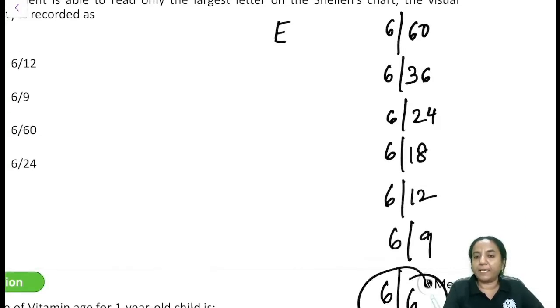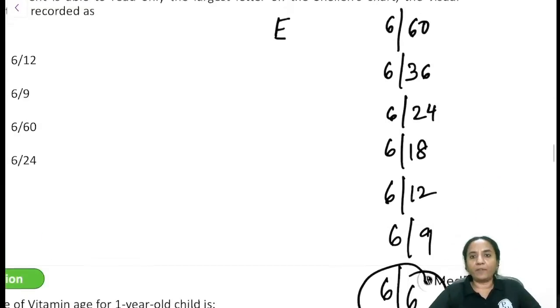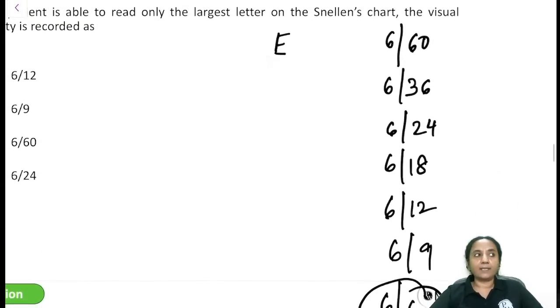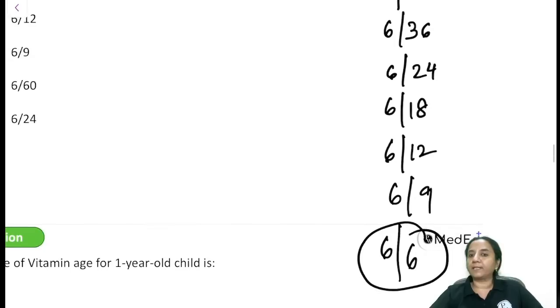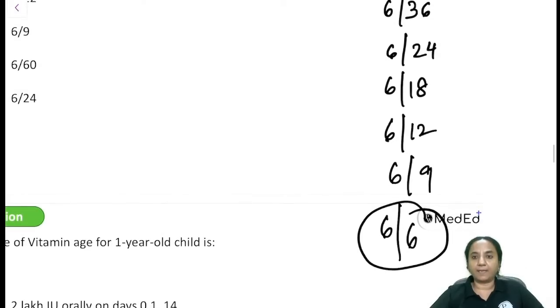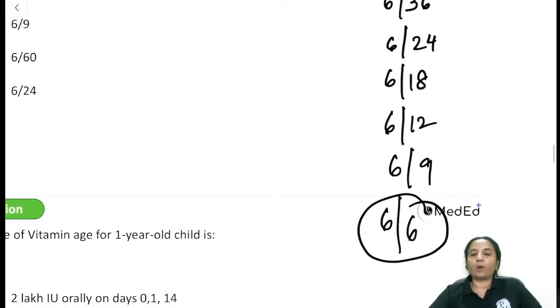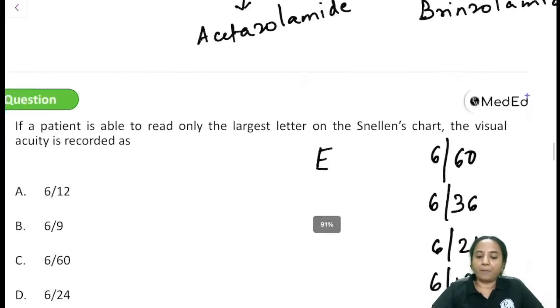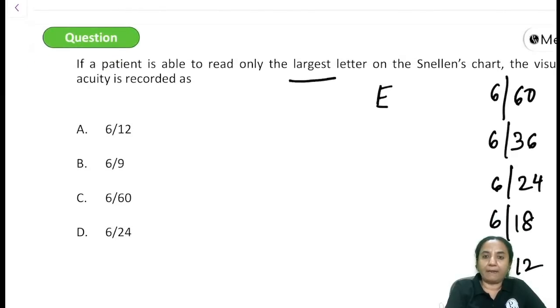And this 6 by 6 is what we call normal visual acuity. So 6/60, 6/36, 6/24, 6/18, 6/12, 6/9, 6/6. This 6/6 is what is called normal visual acuity. It is also written as 20 by 20. So if the patient is able to read only the largest letter, that is only the topmost line, that means the visual acuity is 6 by 60.